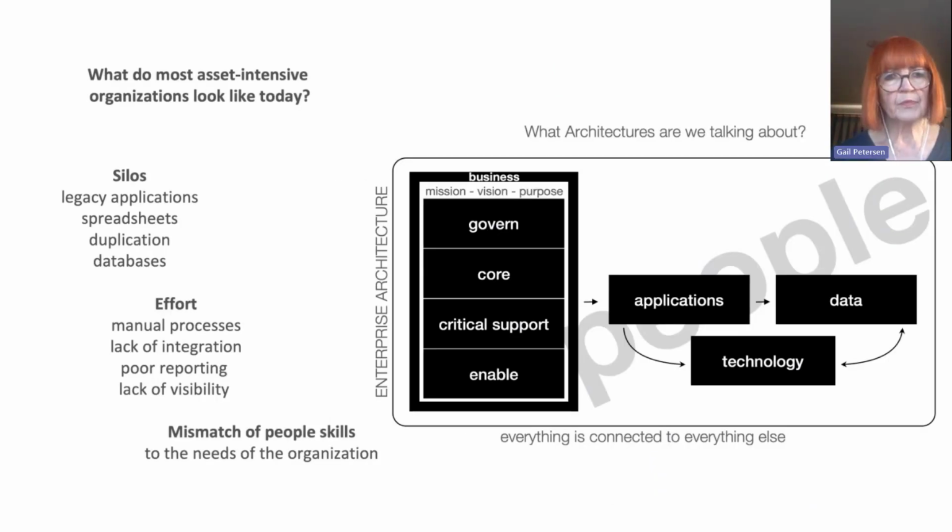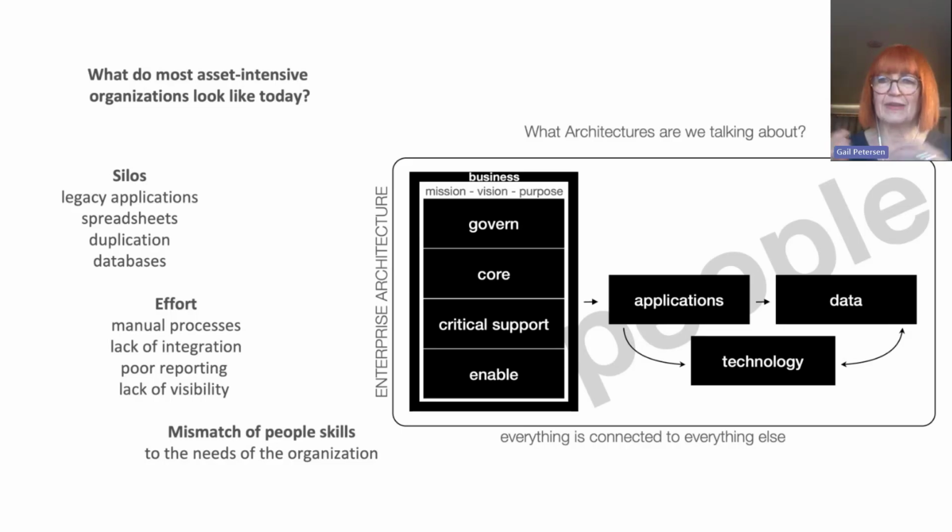So what do most, it's not only asset intensive organizations, what do most organizations look like today? You could be a service organization, it could be government. You've got silos. Legacy applications, spreadsheets, duplication, databases. You've got effort to make that information.